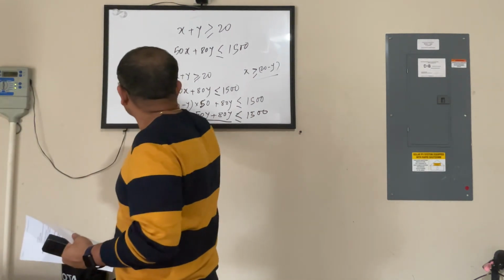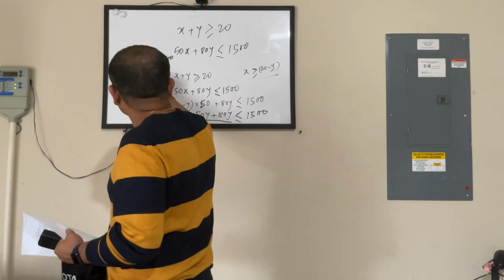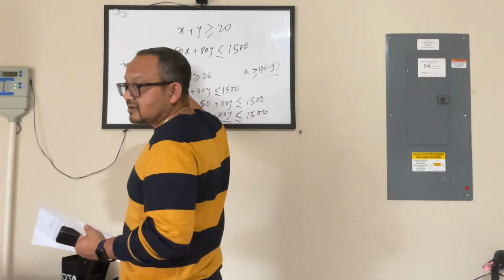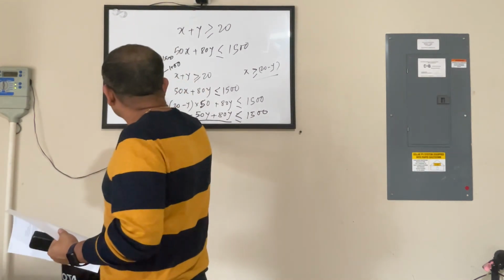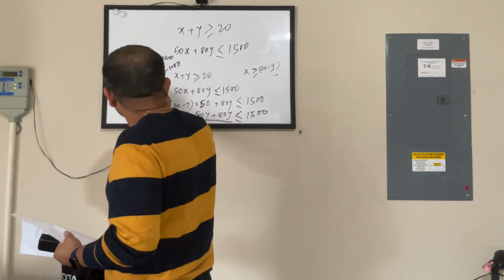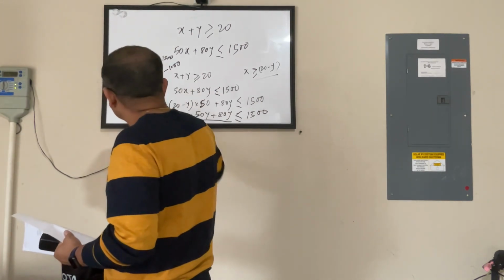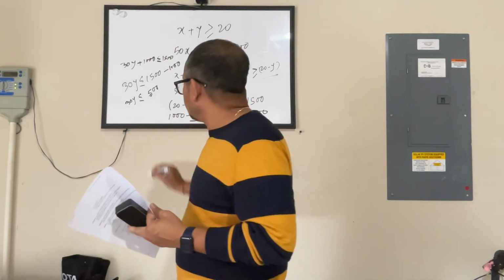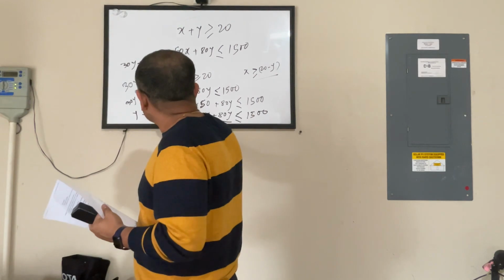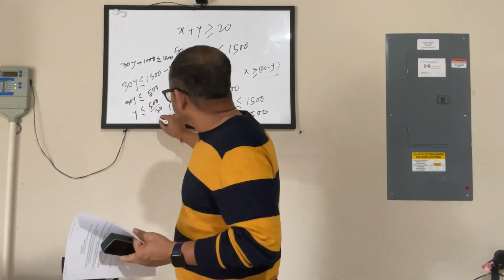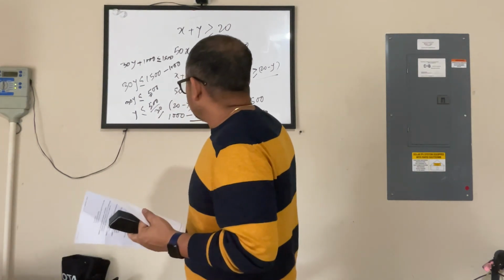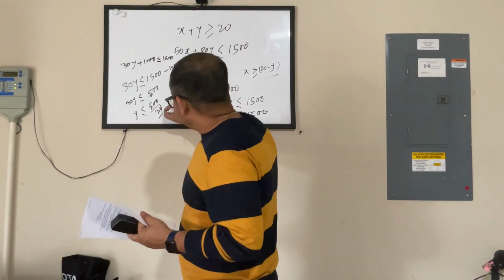So 30y is less than or equal to 1500 minus 1000. So 30y is less than or equal to 500. Divided by 30, y has to be less than or equal to 500 by 30.